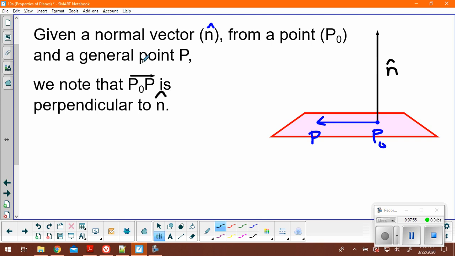We're going to use that fact to start generating our equation for the plane. So I know that n dot P naught P has to equal 0.